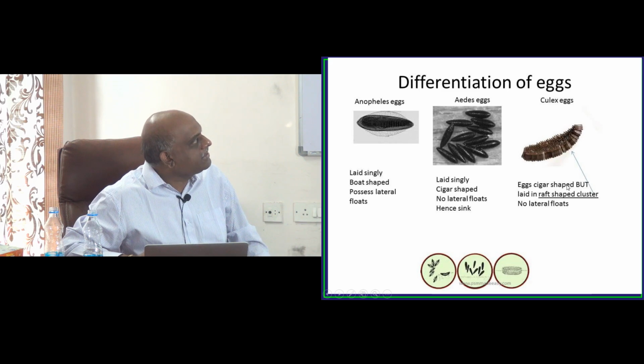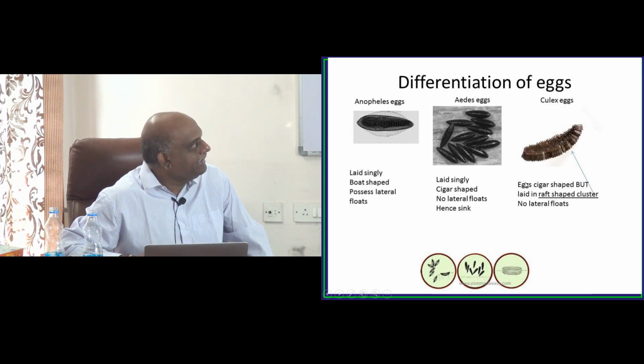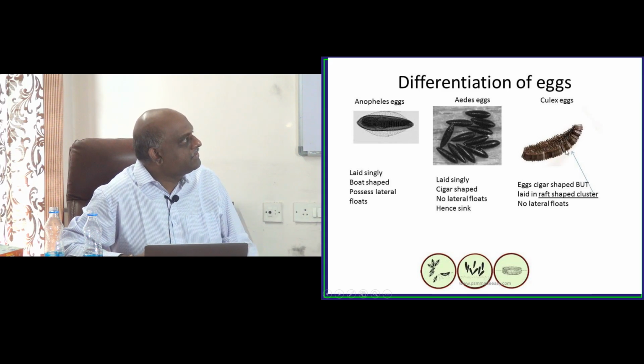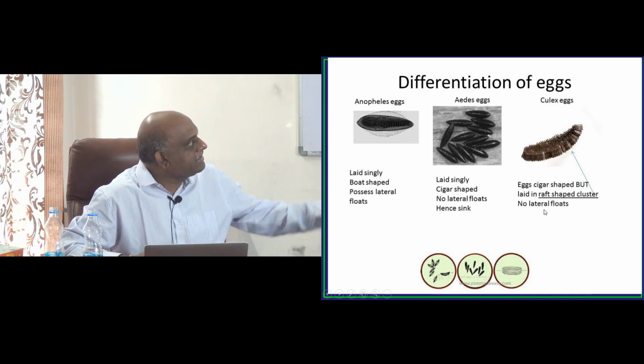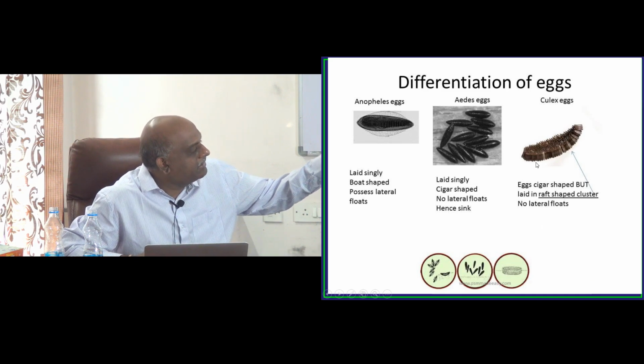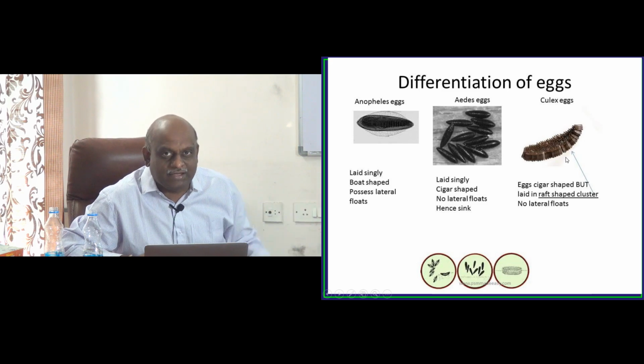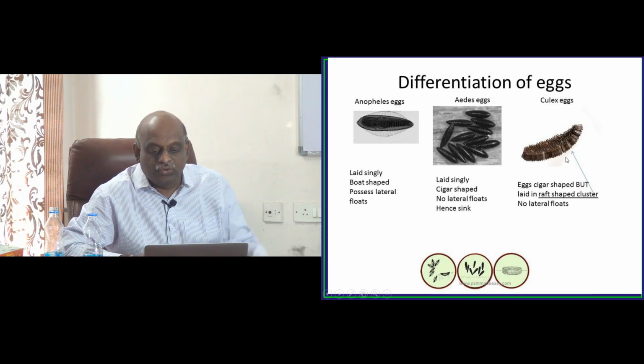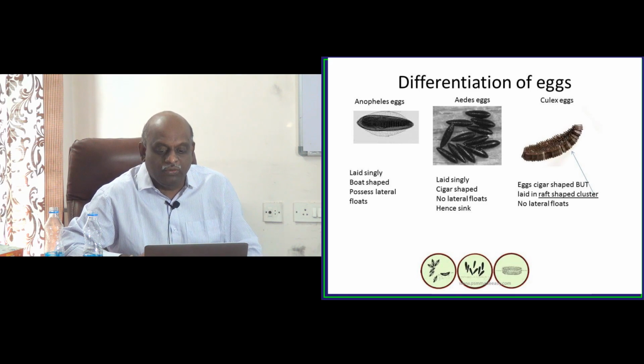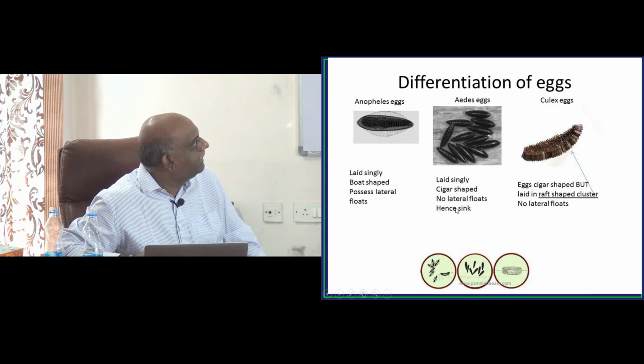Then, Culex क्या होता है? The egg is cigar shaped, but it is laid in a raft, like a raft shaped cluster. And it also has no lateral floats is what you need to remember. Right?